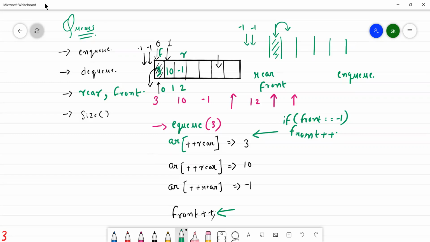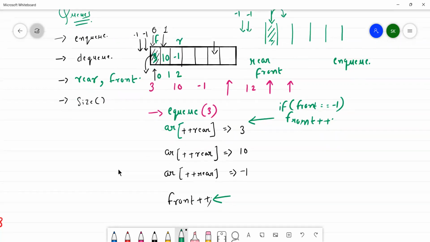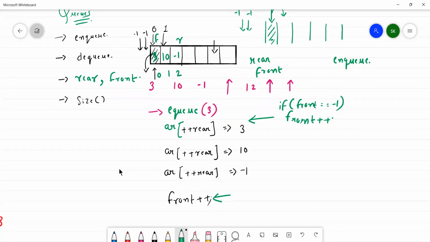Technically, it should be 3 because there are 3 elements between front and rear. So without deletion, it will be 3. After deletion, it should be 2. So how will you know that? Anyone, do you know the formula for this?